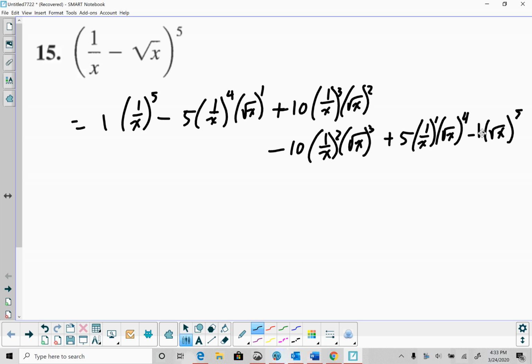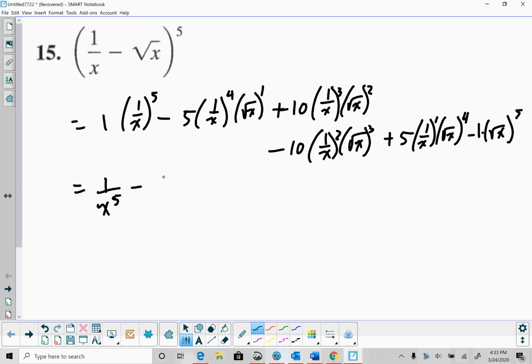All right, so now it's cleanup. You guys do remember fractional exponents, don't you? All right, here we've got a coefficient of 1, no big deal. 1 over x to the fifth. 1 to the fifth is still 1. So that's simply 1 over x to the fifth.